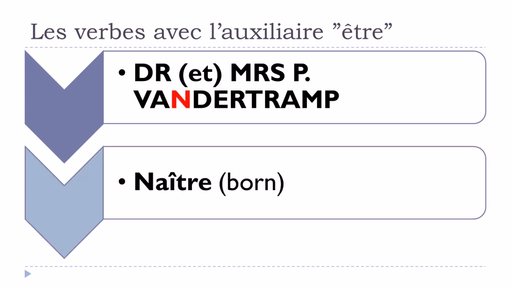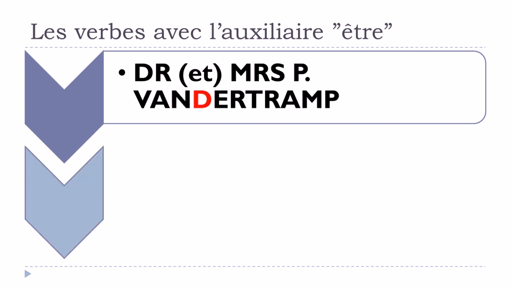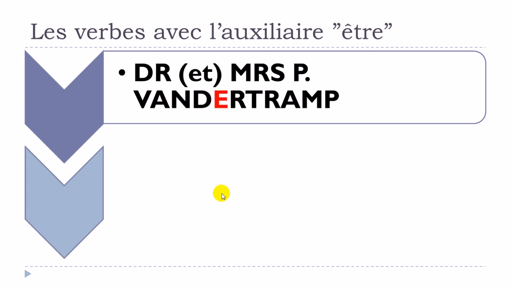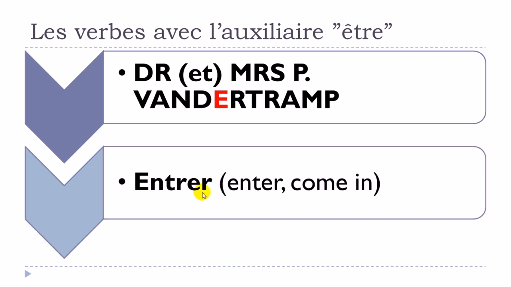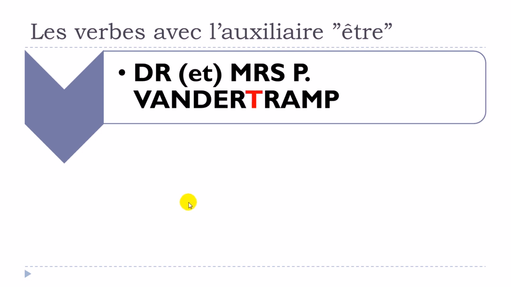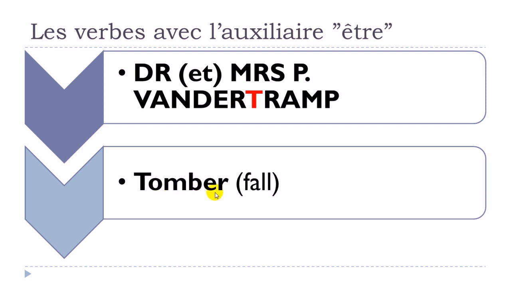N: naître. Then you will have D, and that will be for devenir. E: entrer. Then R for retourner. T for tomber.